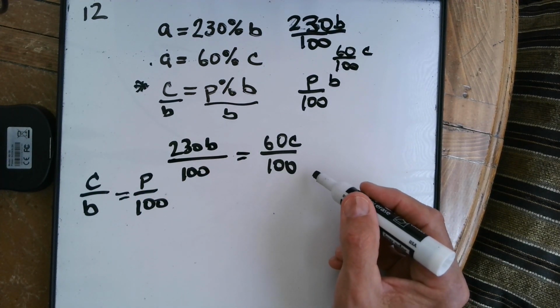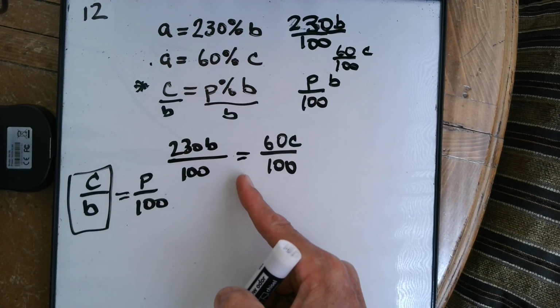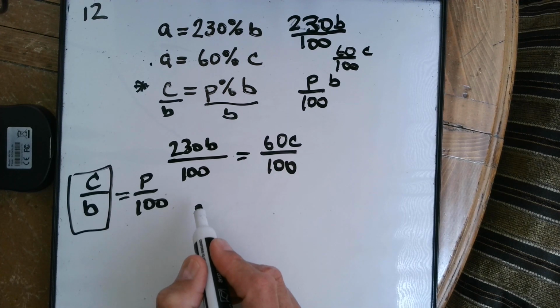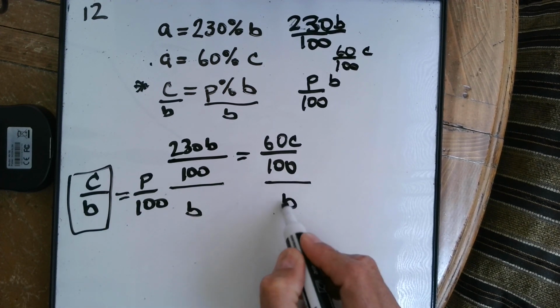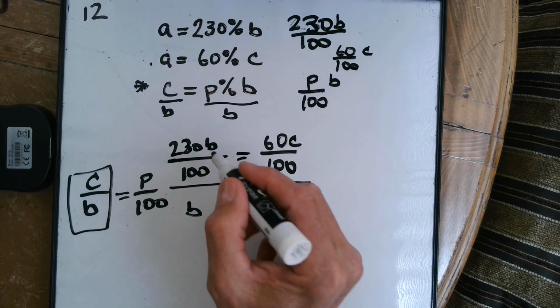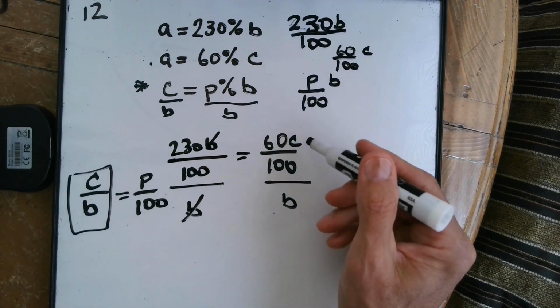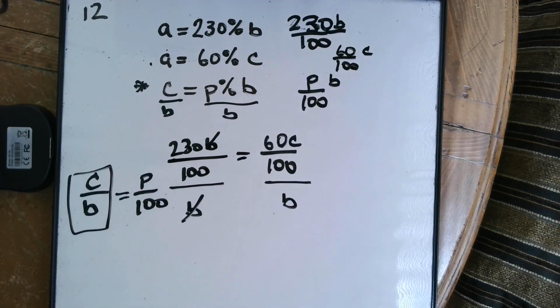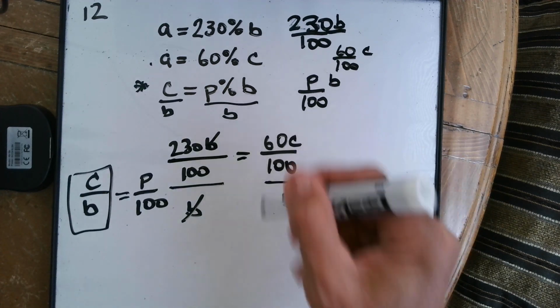So now let's get this, C over B, in this form. How do I do that? I'm going to divide both sides by B, right? So if I divide everything by B, what happens is it cancels these B's. And if I can get rid of this, which I can, how do I clear a fraction from a variable? This is kind of tricky, but you just take the reciprocal.